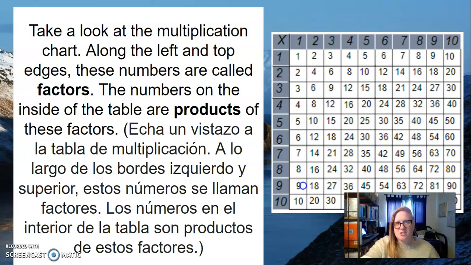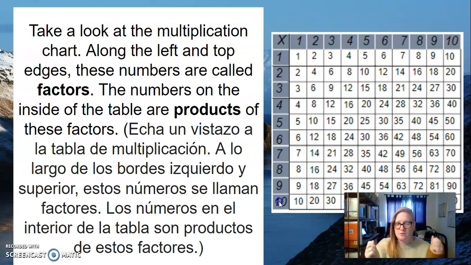Take a look at this multiplication chart. Along the left, this column right here, okay, and top, all right, these are called the edges, and these are our factors. The numbers in the middle are products of these factors, okay?